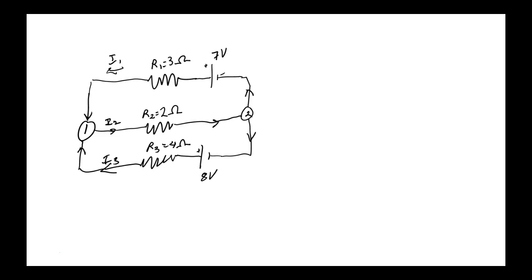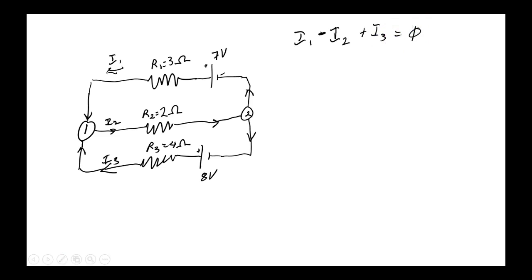It's about conservation of charge, basically. Or you can write that the sum of all the currents coming and going is 0 at a node. You don't build up current in a node or a junction. So you have I1 coming in, I2 going out, so that's a minus I2, and I3 coming in, and the sum of those currents is 0.